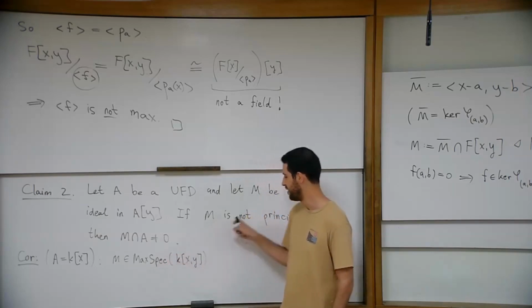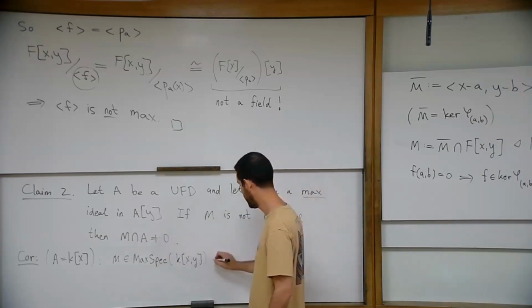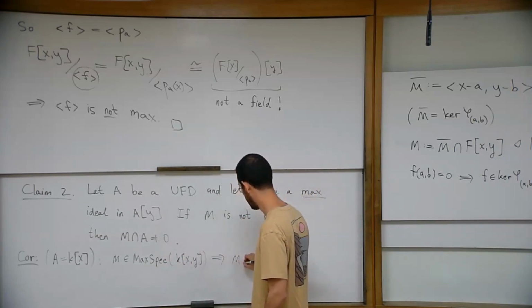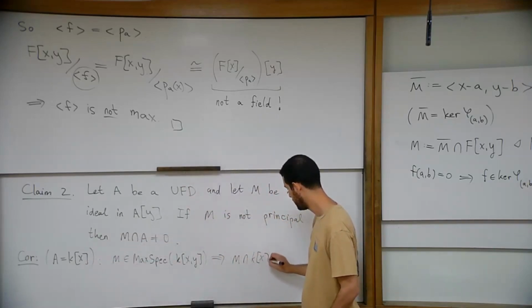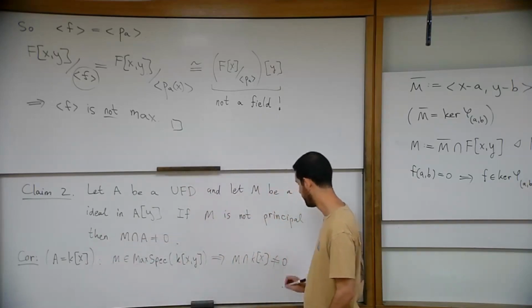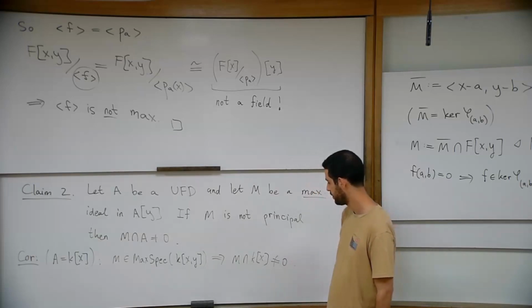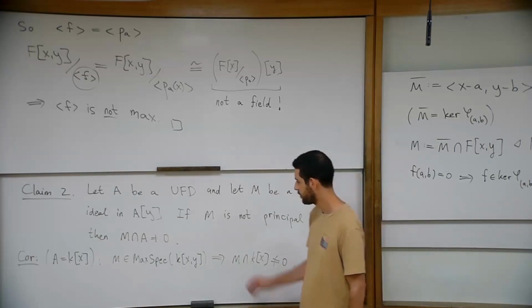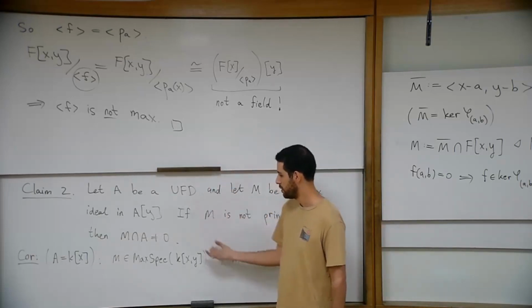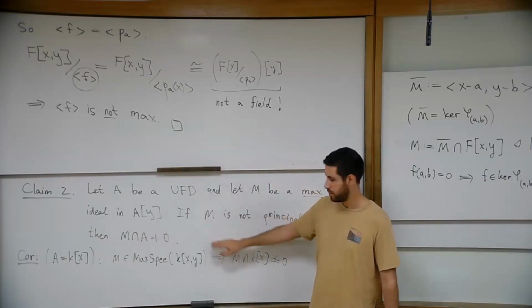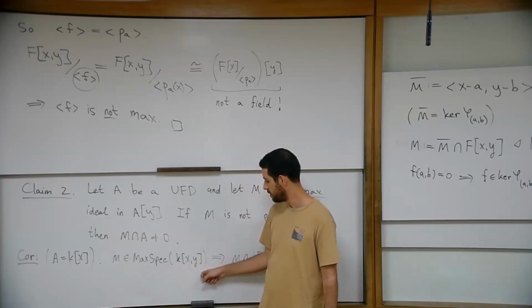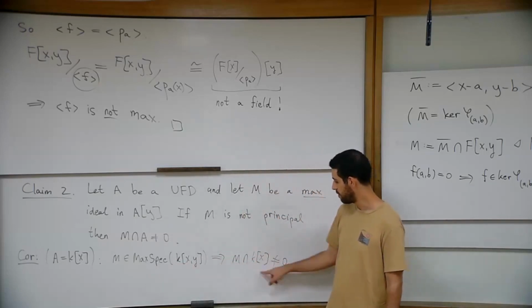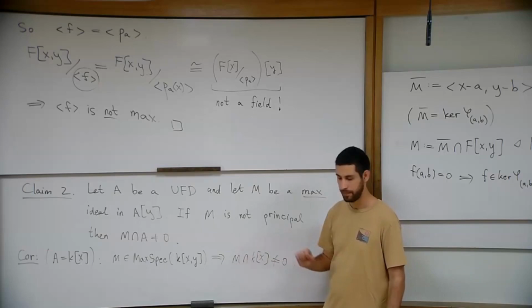So if it is maximal, then it is not principal, and we can conclude that M intersection with A, with K[x], is non-zero. Okay, so again, if we take a maximal ideal of this ring, then there must be some non-zero polynomial in K[x] that sits in M.